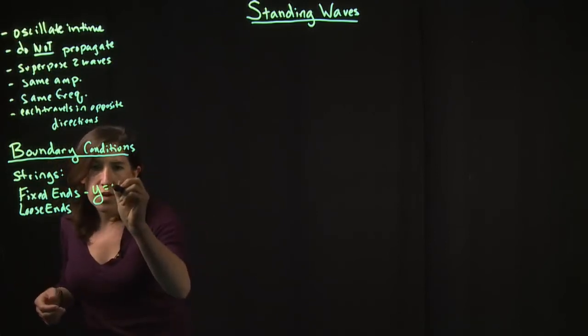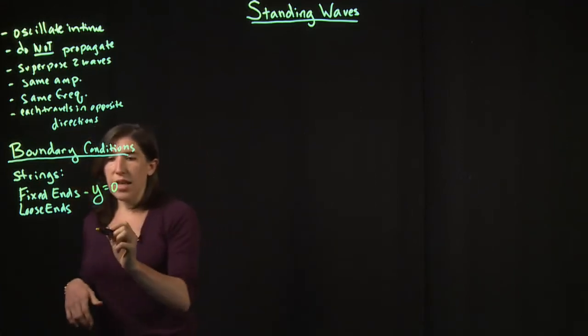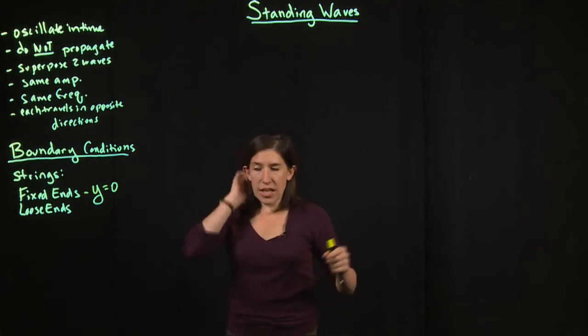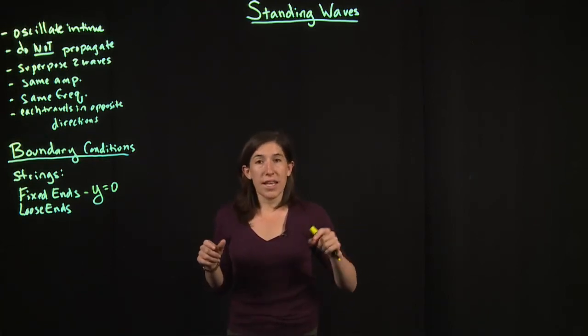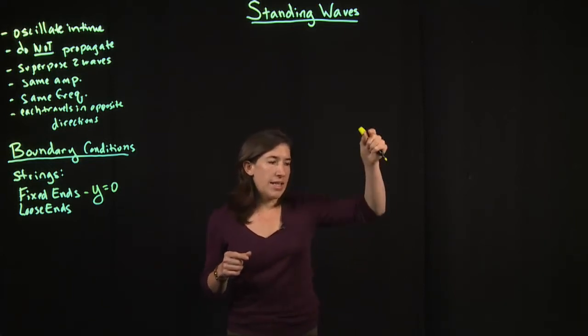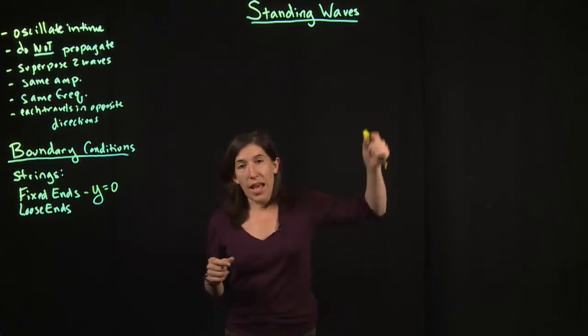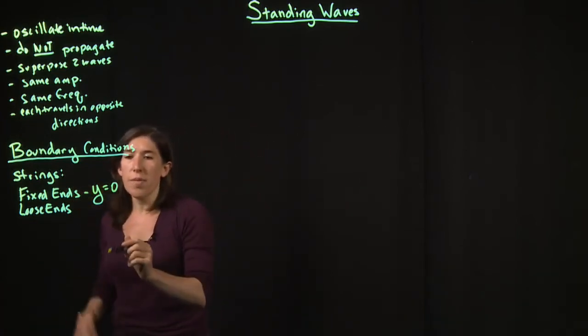And then loose ends, on the other hand, you can imagine if you have a string that's attached to a little loop on a pole, and the end of the string is allowed to move up and down. So this is sort of a soft boundary as opposed to this hard boundary.